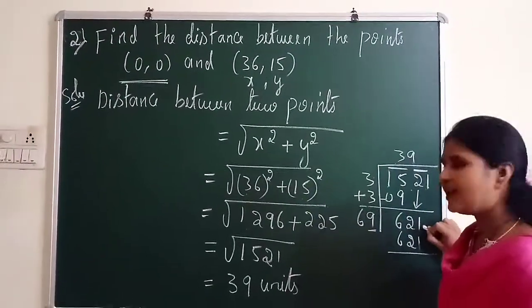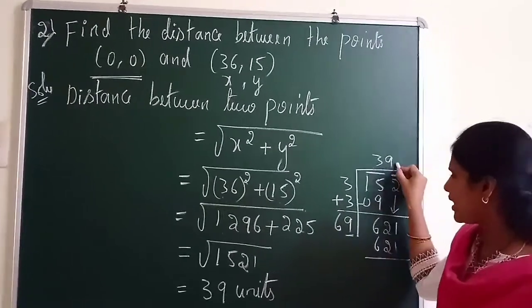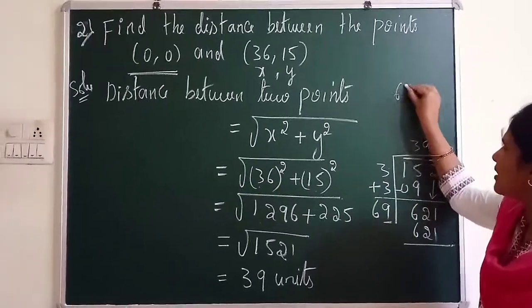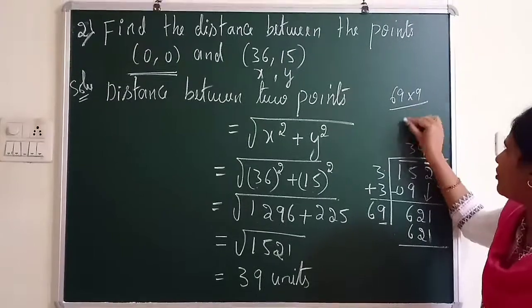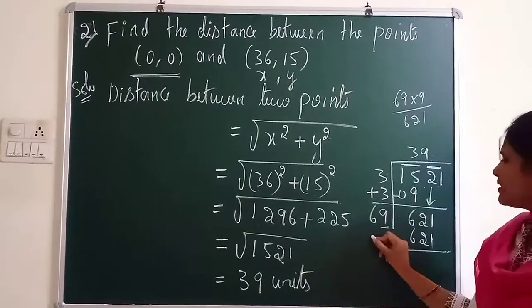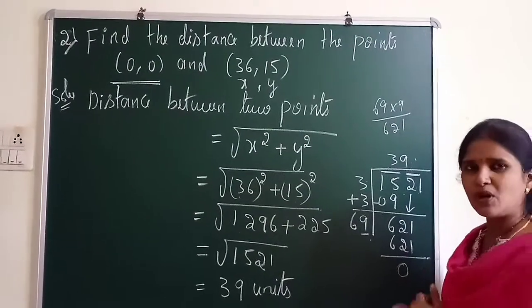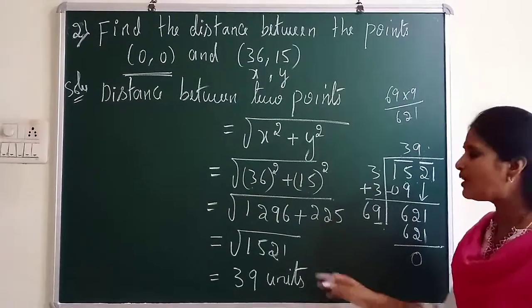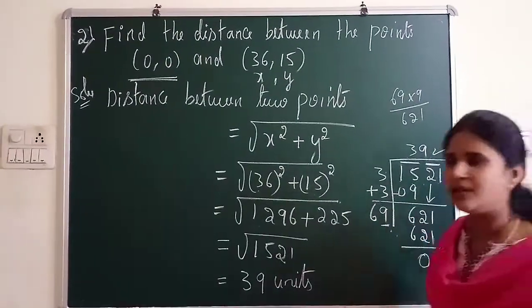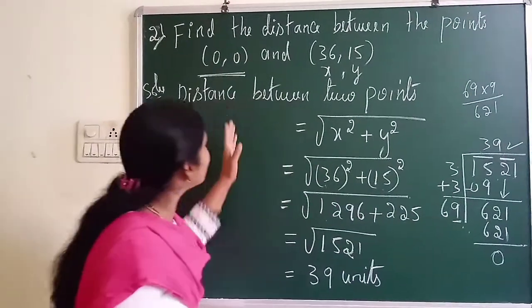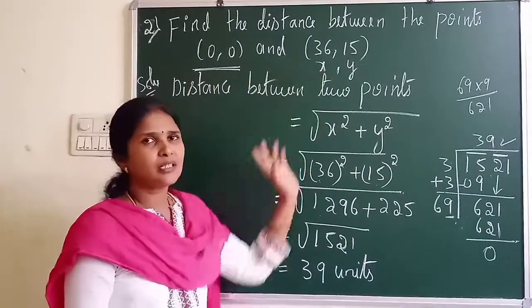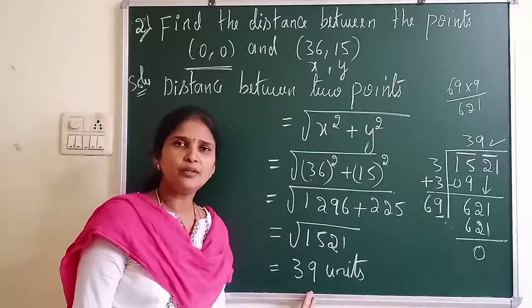Because 9 9s you get 81, you can take 9. So check, multiply 69 into 9, you will get 621. 69 9s are 621. Remainder is 0. So because the remainder is 0, the square root of 1521 is 39 units. So the distance between (0, 0) and (36, 15) is 39 units.